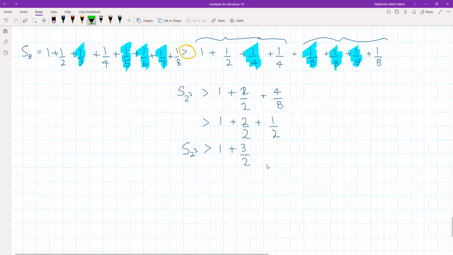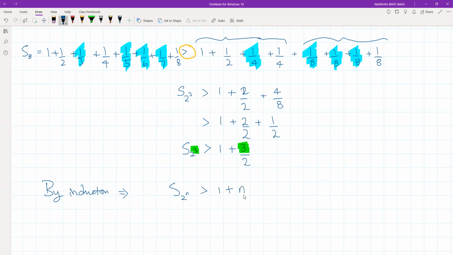And this one is 3. You have 3 right here. So by induction, I can safely say that S of 2 to the power of n is bigger than 1 plus n over 2.